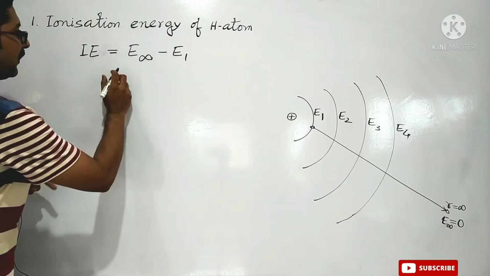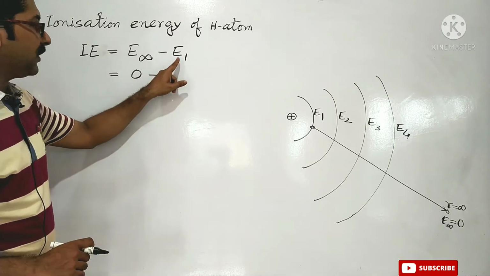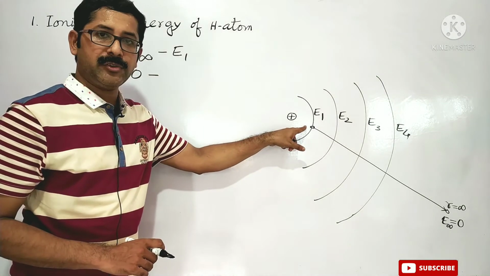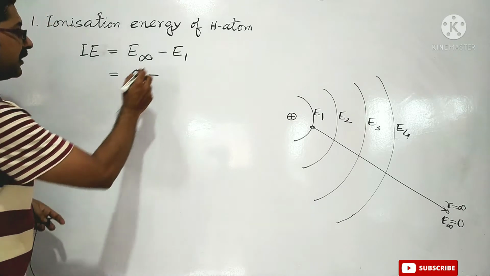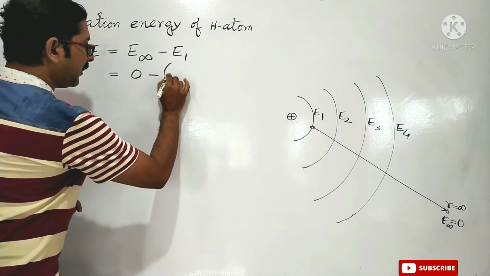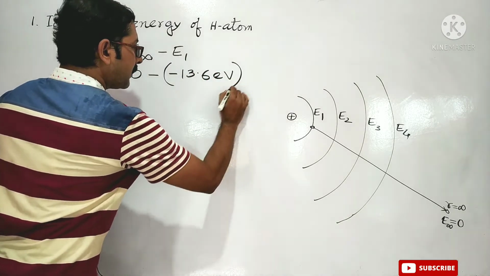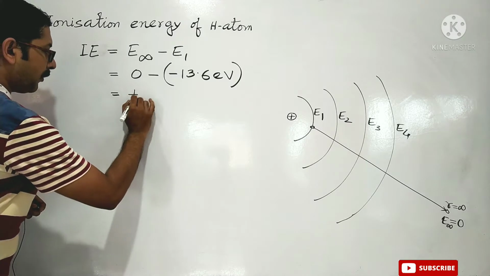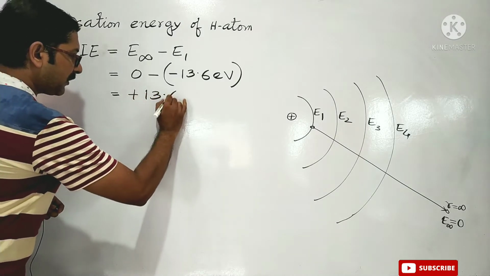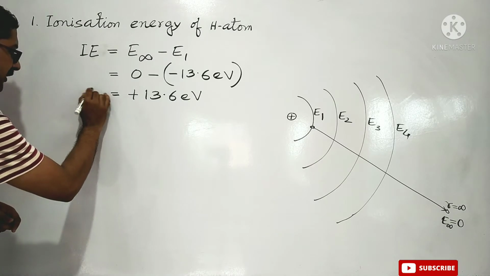So it is E infinity minus E1, and this is nothing but 0 minus the energy of the first orbit of hydrogen atom. As we know from our previous lesson, this value is minus 13.6 electron volt, right? So this is equal to positive 13.6 electron volt. This is the ionization energy of hydrogen atom.